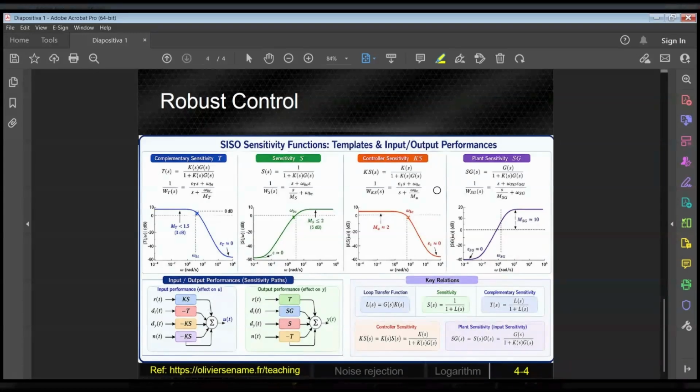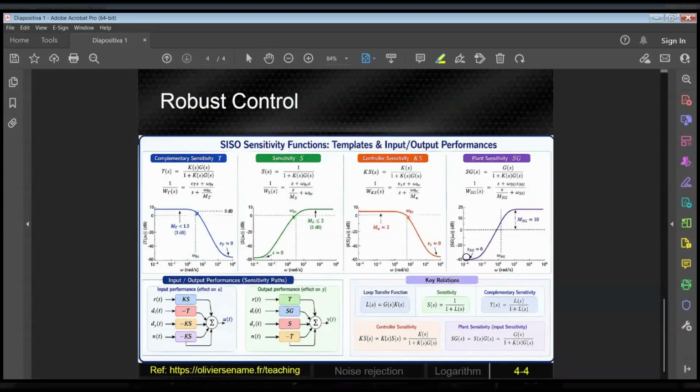Finally, we have the plant sensitivity function SG. Its shape is very similar to the sensitivity function S. The purpose of SG is to reject the disturbances entering the plant and affecting the system output.